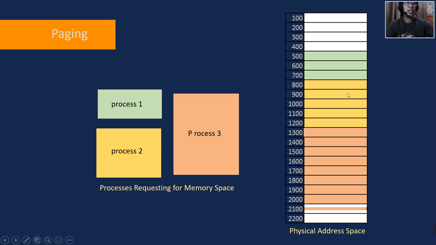The difference between the first one and the second one, as you can see, is that there is no blank memory location in between the different processes. They are fitted right after each other. So it could be that segment 1 starts at 100, then ends at 300, then segment 2 starts at 400, and then ends, etc. So that's how paging works.